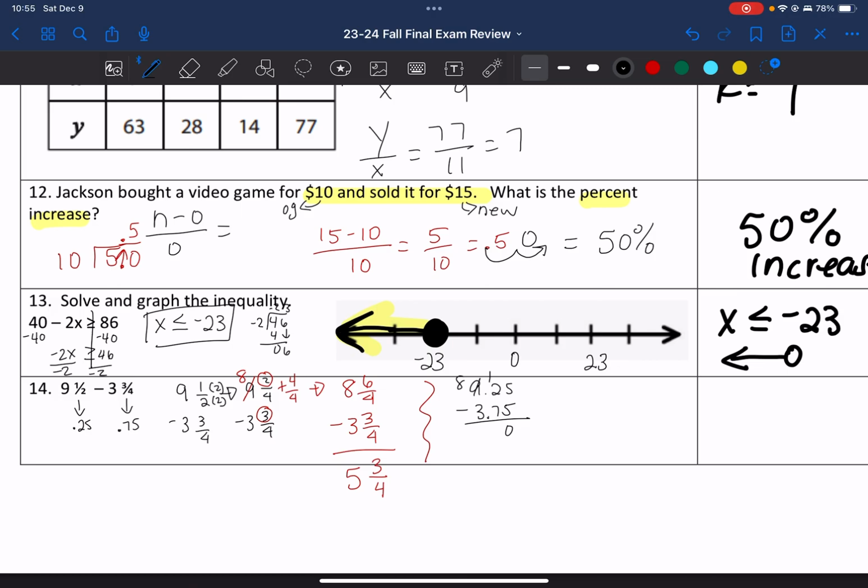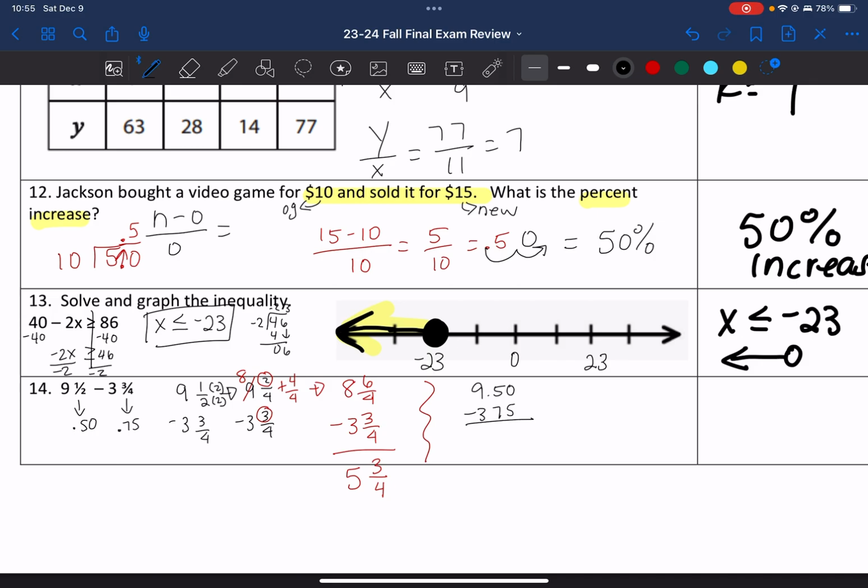Hold on. What? That's right. Okay, so why did I put 25 here? Because that is not 25. That is 50. Hello. 9.50. There we go. I'm getting kind of tired, guys.